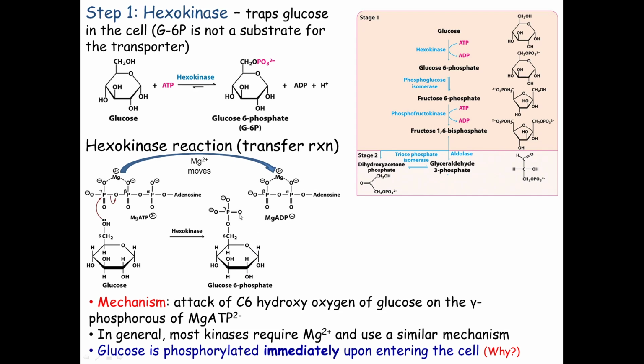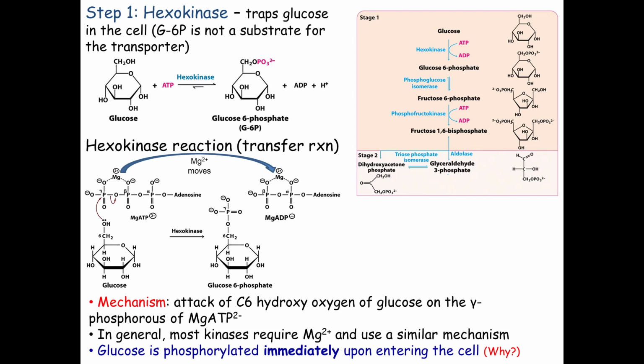Right? And of course you end up with a glucose with a phosphate on number 6. And then it lets both of them go. Okay, so it's a nucleophilic attack of a hydroxy group on a phosphate, and we lose the anhydride bond between the phosphates. Okay? And our products are glucose 6-phosphate and the ADP bound to the magnesium.